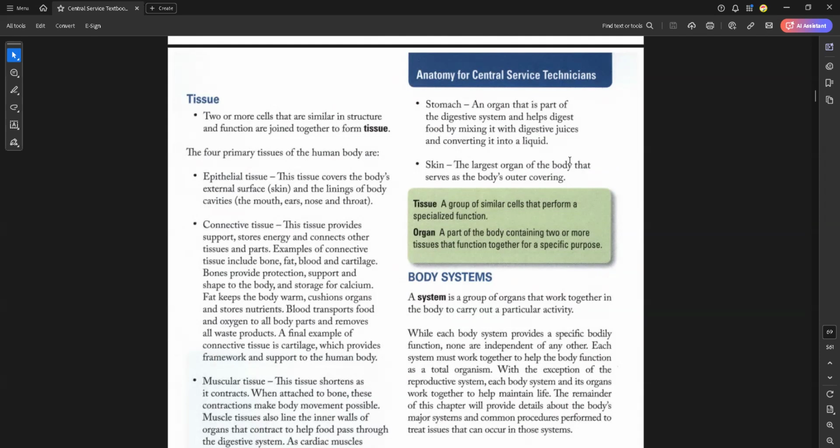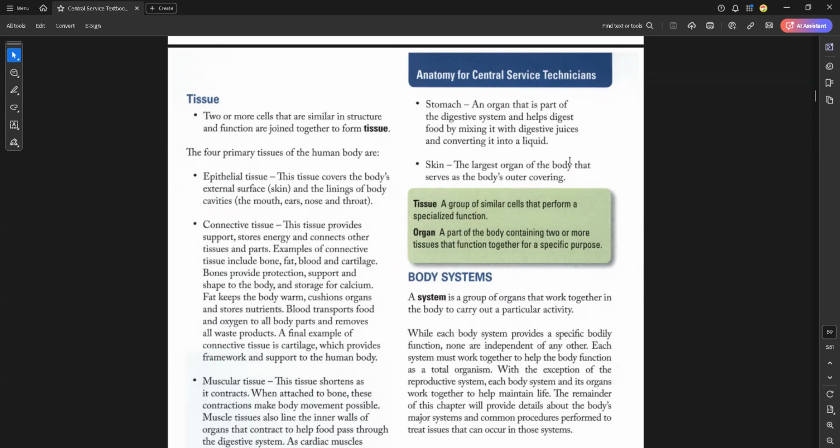It means that a cell in the finger that is elongated cannot join a spherical cell in the eye, because one is spherical, one is elongated. So tissues must come from two or more cells, and they must be similar in terms of structure and function. If their structure is different or the function is different, they cannot.